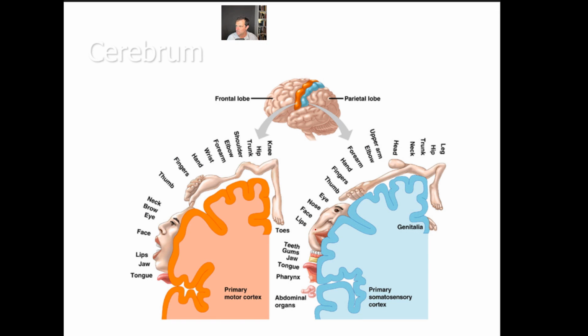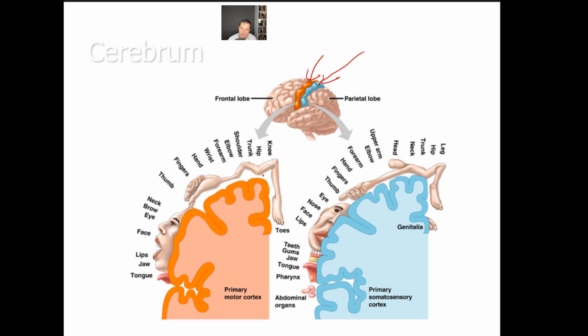This figure, you don't need to know this figure. I just wanted to show you this one part right here. But remember, I was telling you about the primary motor cortex there and the somatosensory cortex there. These parts of your body are what are moving when you activate those regions, and you notice kind of right behind them.